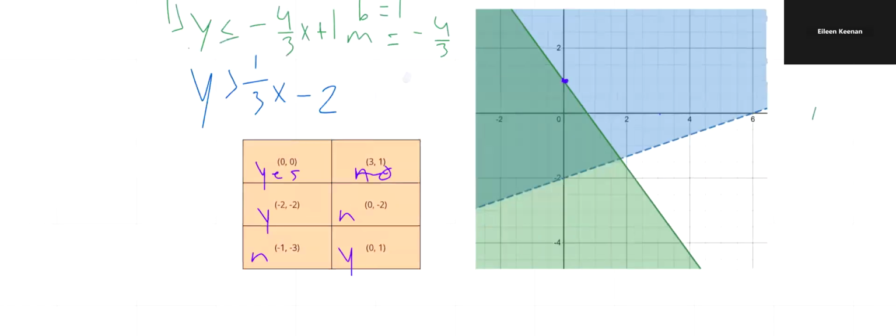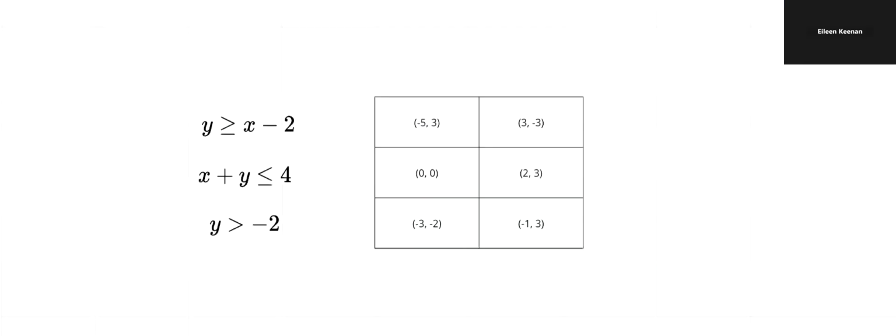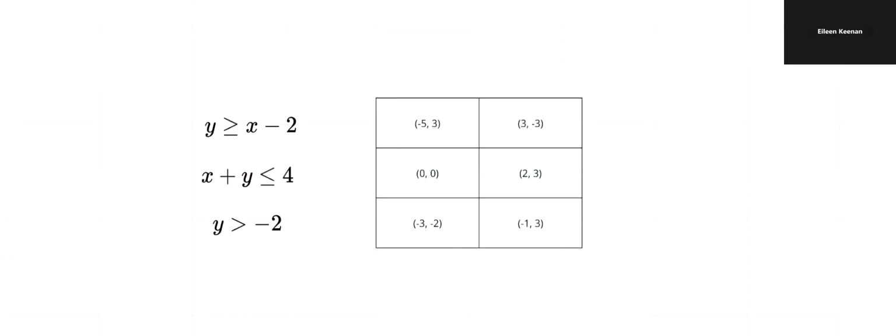Now we're going to talk about how to find out if points are part of a solution if there is not a graph and they just give us equations. All we do here is plug our x's and y's in. These numbers here are all x, comma, y. These are points on a graph.